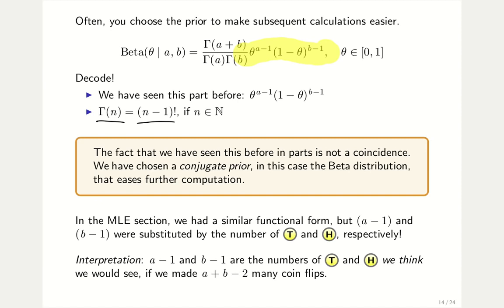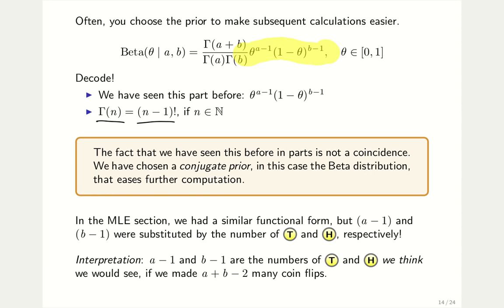Okay? And whenever you have such a prior that has a similar functional form as the likelihood, and they fit well together, you talk about a so-called conjugate prior. And the beta distribution is a conjugate prior for the likelihood of our coin flip experiment, okay?